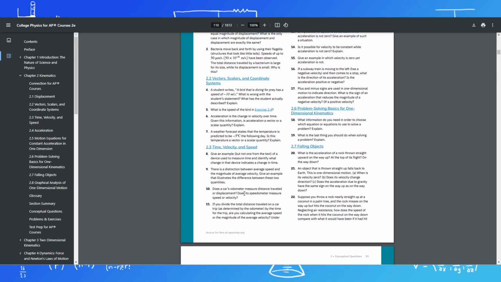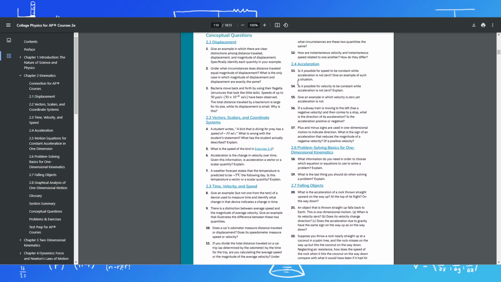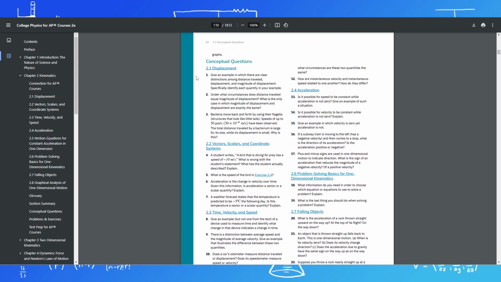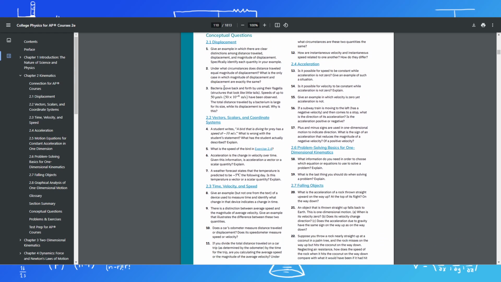Time, velocity, and speed we've spoken about. We've touched on acceleration, not constant acceleration, but any of the problems listed up to and including 17. I think I listed all the conceptual questions, so everything from 1 to 17 is definitely fair game now.